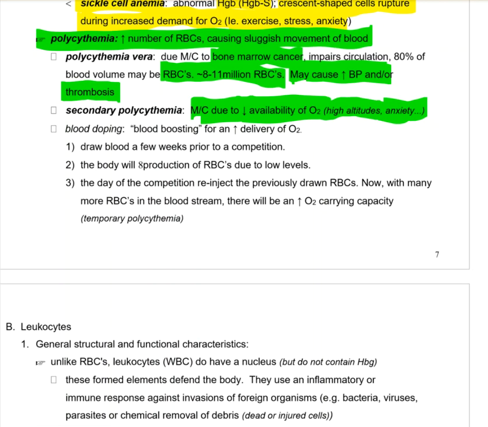This is what happens if you go to high altitude. The first couple days you may not feel very well because you're not getting enough oxygen in, and then you will start to make more red blood cells. After 3 or 4 days, as the number of blood cells increases, you can then grab onto more of the oxygen in the air, even though it's very thin, and you'll start to feel better.